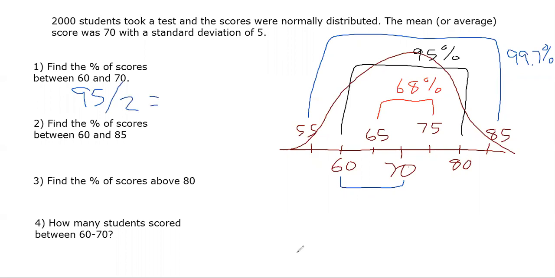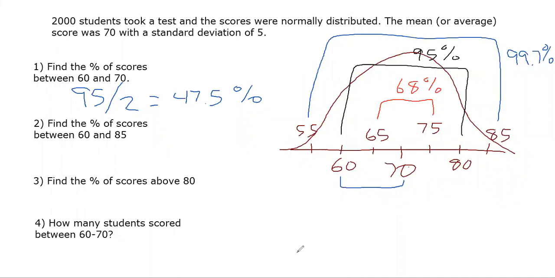That's going to give me that percentage of data on either side of that average. So we'd end up with half of 95, which is going to be 47.5% of the data. So we know that 47.5% of the students should score between a 60 and a 70 based on what we see in this normal distribution.